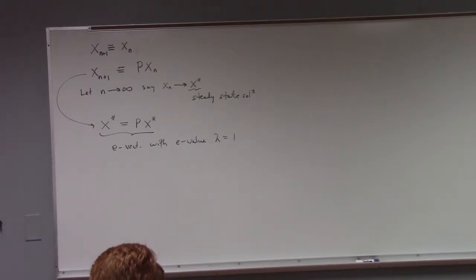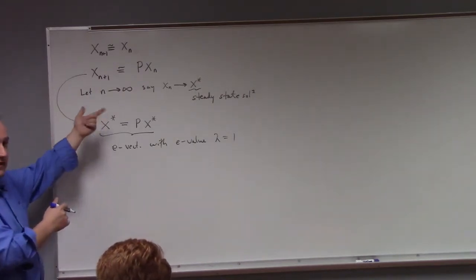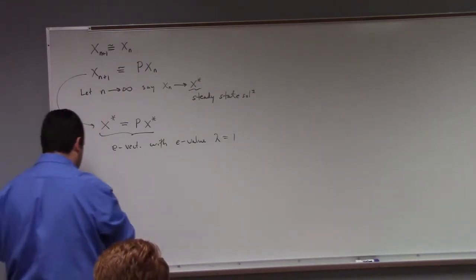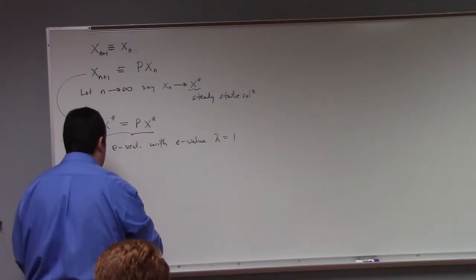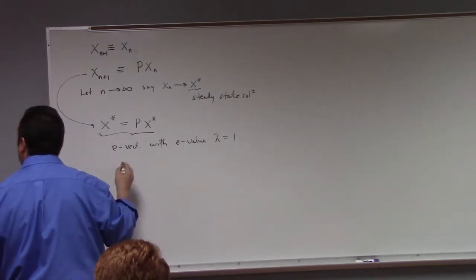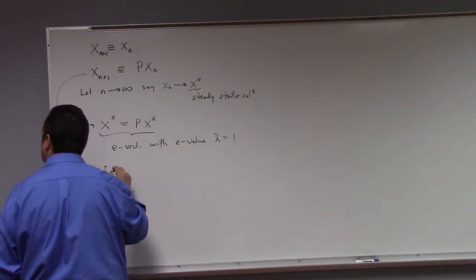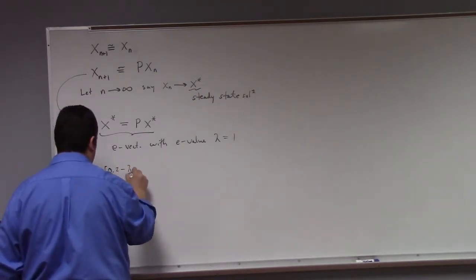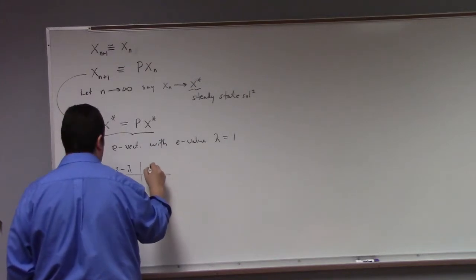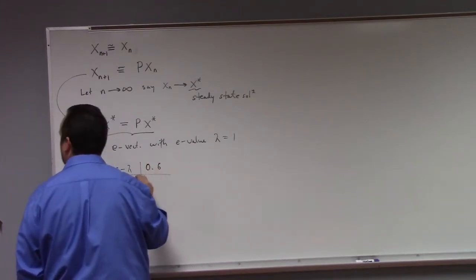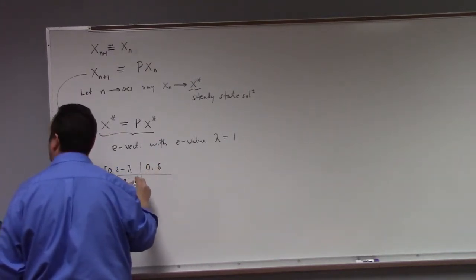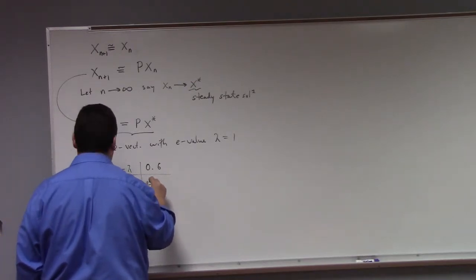Okay, so we can straight calculate the eigenvalues for P, right? That's not a hard problem. And we can see what the deal is. What are the eigenvalues here? 0.2 minus lambda, 0.6, 0.8, 0.4 minus lambda.